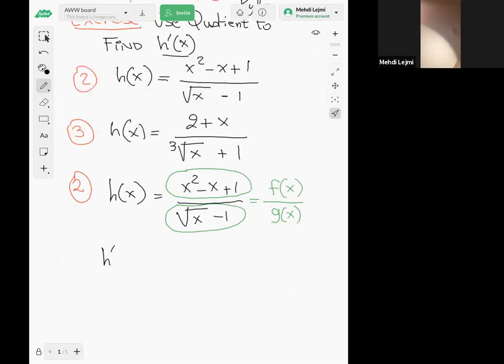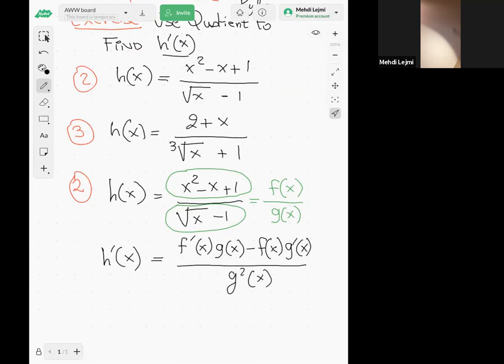The quotient rule says that h prime of x would be f prime times g minus f times g prime, over g squared of x. So to use this rule, we first need to find f prime and g prime.